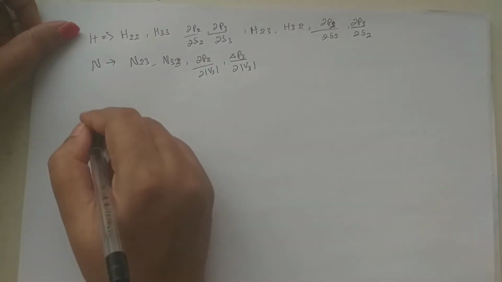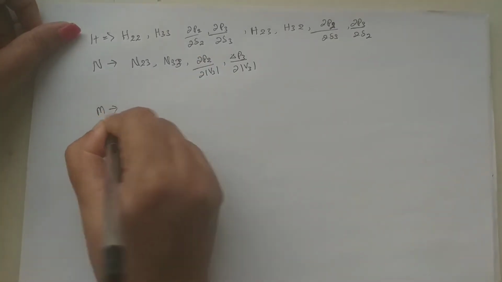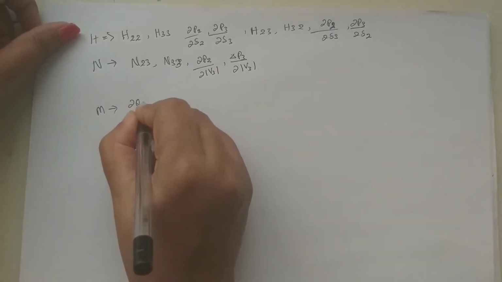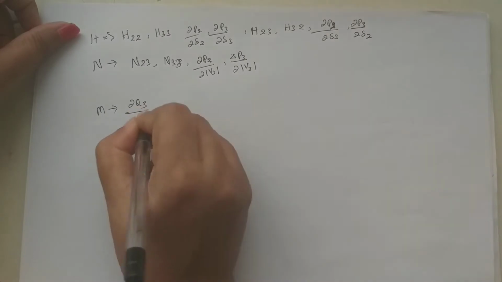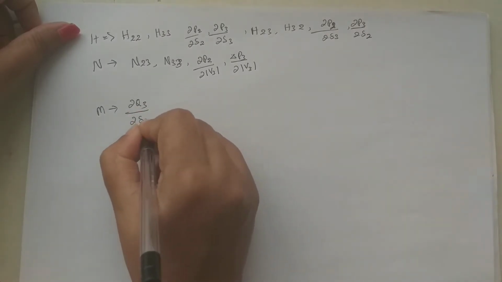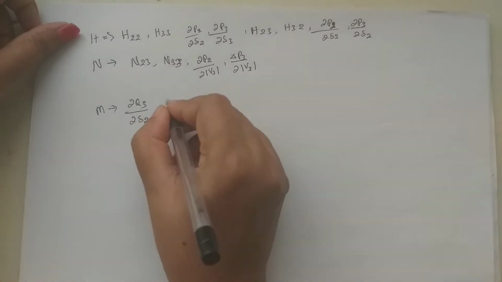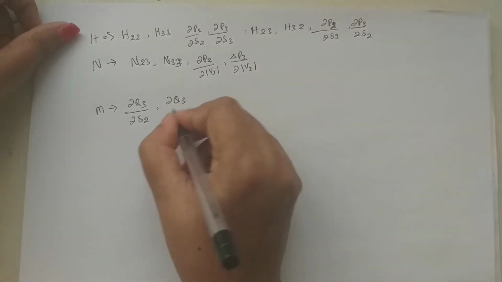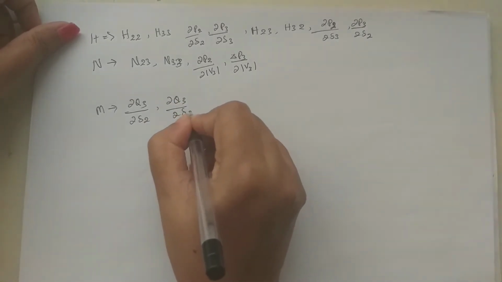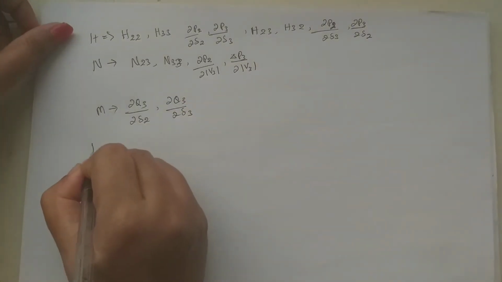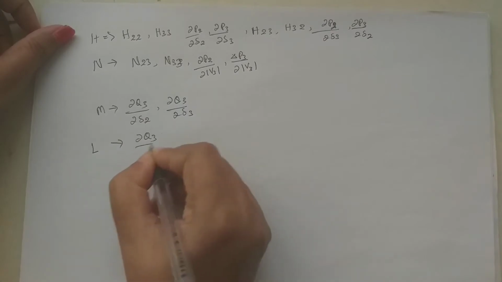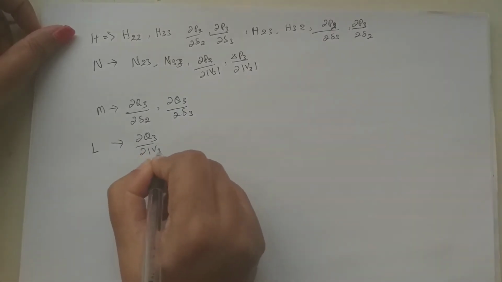Similarly, submatrix M is the partial differentiation of Q3 with respect to delta 2 and with respect to delta 3. And L is the partial differentiation of Q3 with respect to V3.